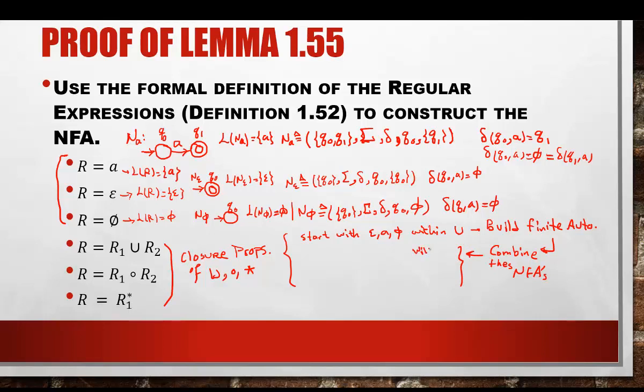Let me just look up the numbers. The closure of union was theorem 1.45 for union, 1.47 for concatenation, and I believe it was 1.49, if I'm not mistaken.